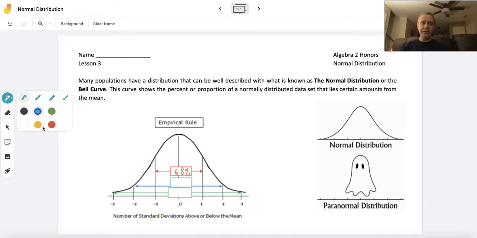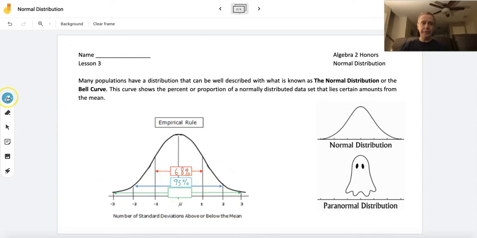Then if we extend outwards, from two standard deviations below the mean to two standard deviations above the mean, this length here, we will find that 95% of all the data lies within that interval.